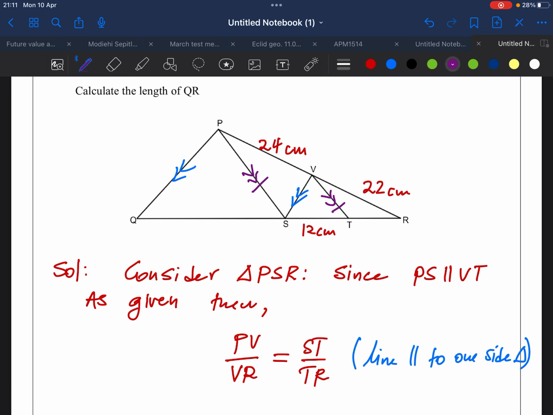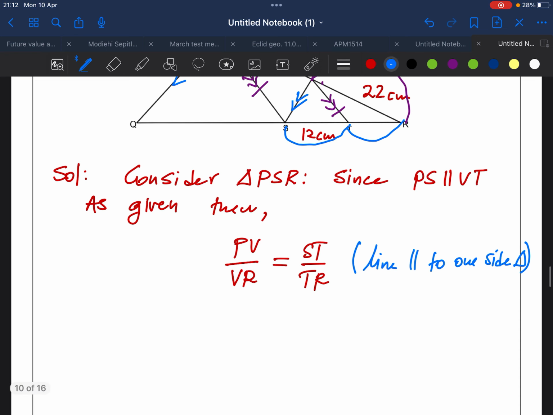We see that PV over VR is equivalent to ST over TR, because triangle PSR has two parallel lines, PS and VT. Now we can use our proportionality theorem and say PV over VR equals ST over TR. Our reason will be line parallel to one side of a triangle.